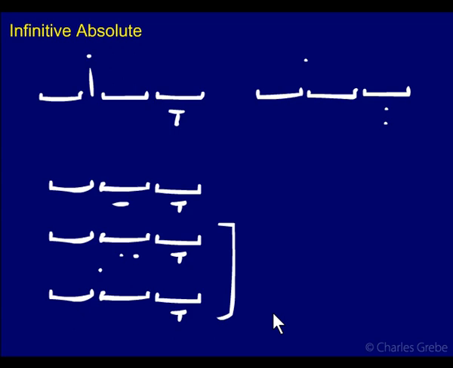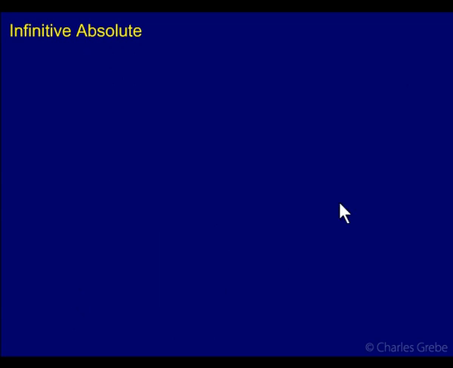Okay. The other thing I want to show you with the form, well, two more things. Let's write out our infinitive absolute. So we have kamatz and we have holem.